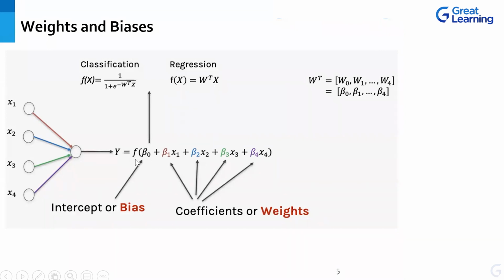If we remember the OLS, the linear regression model that we built, our y was equal to beta naught plus beta 1 x1, the same up to beta 4 x4. So what do we mean by that? There is a linear relationship between y and x. What do we mean by a linear relationship? If you remember the interpretation of linear regression, if we change x by some amount, the proportional change in y is constant. Suppose the beta value is 0.5.